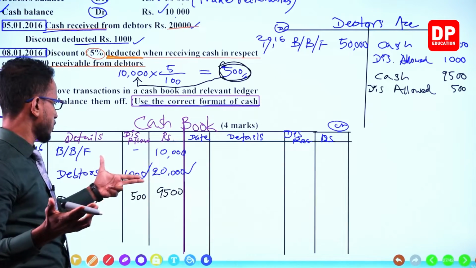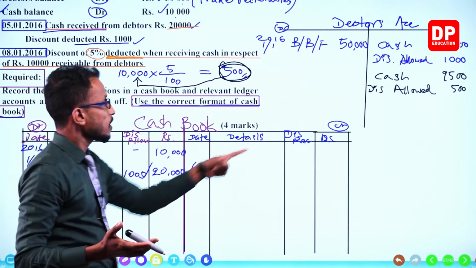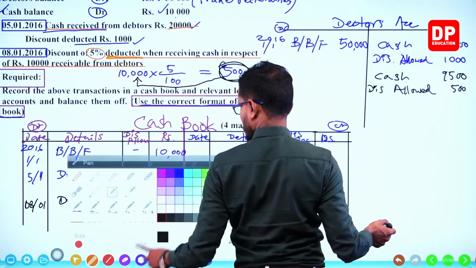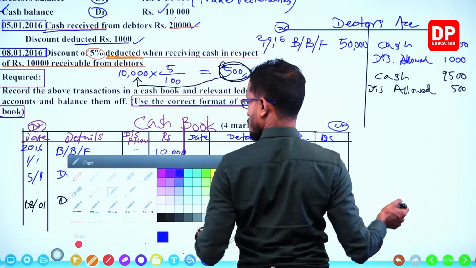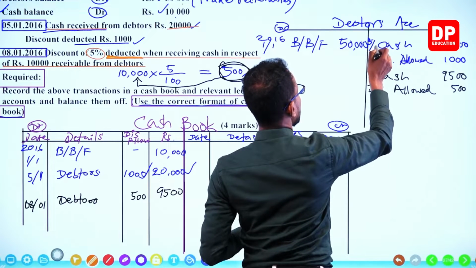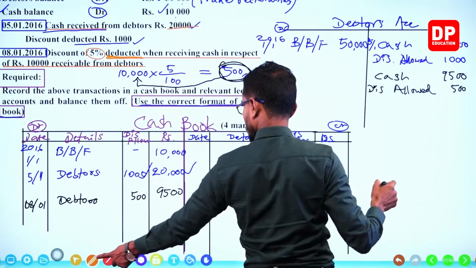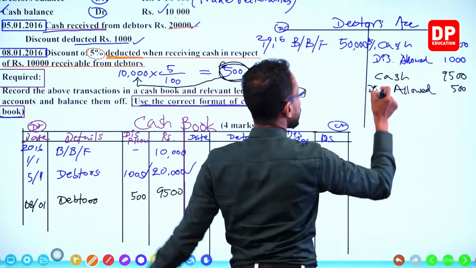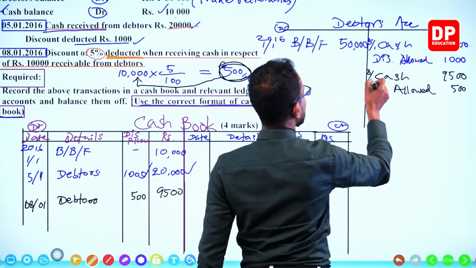Okay, these entries are now entered in the ledger accounts. Don't forget the dates. This is 5th, 1st, and the next one is 8th, 8th, 1st.